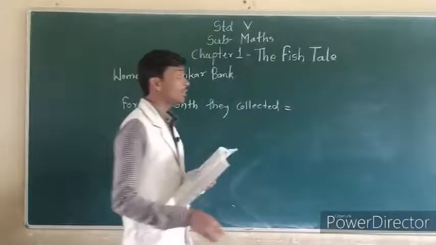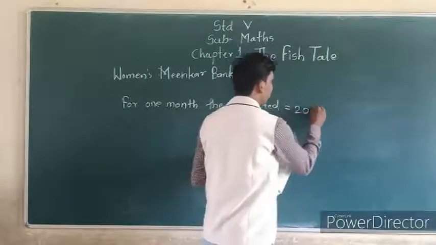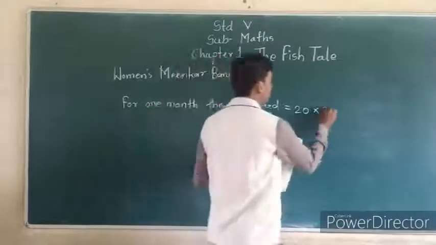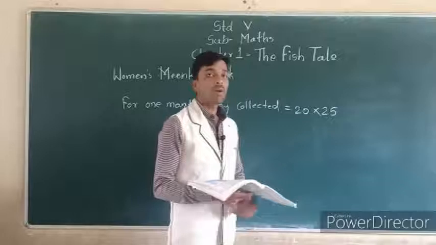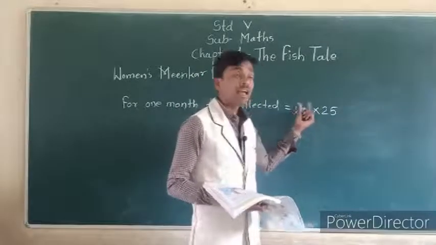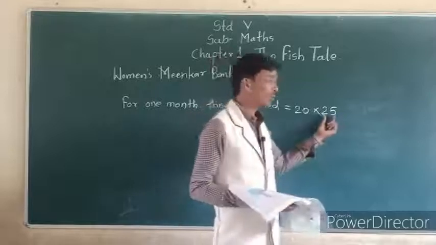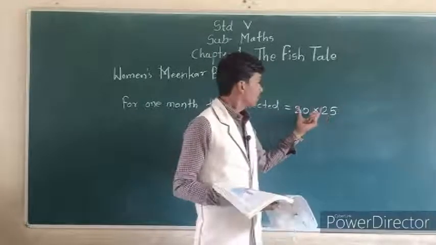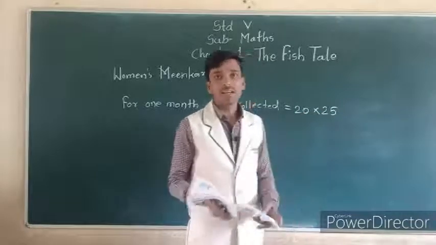There are 20 women, so I will write here 20, and each woman will save 25 rupees, so I will write here 25, and we have to multiply these two numbers. Why? There are 20 women and each woman will save 25 rupees every month. Okay, so we will do this multiplication and find the answer.